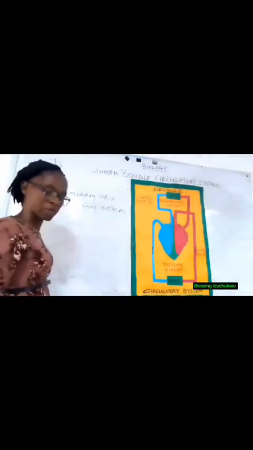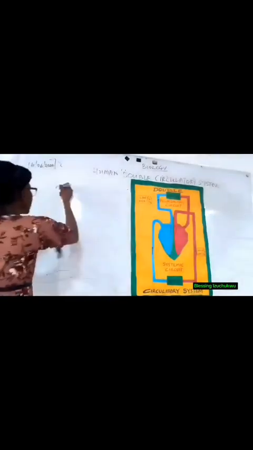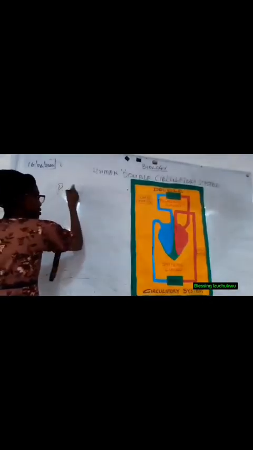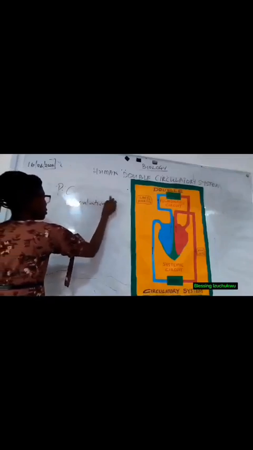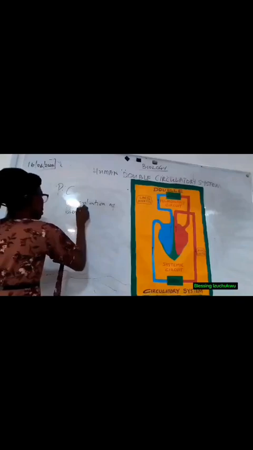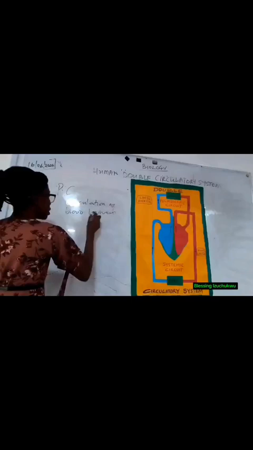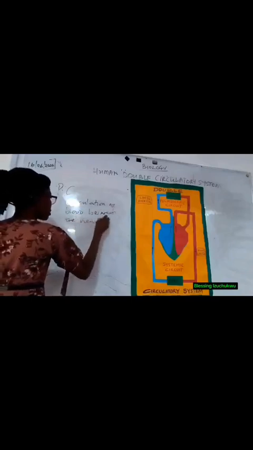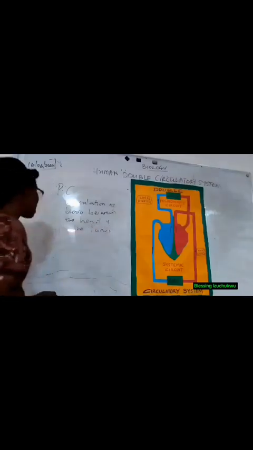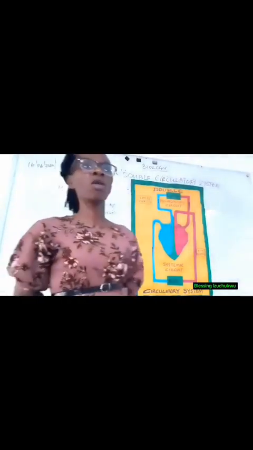Pulmonary circulation refers to the circulation of blood between the heart and the lungs.